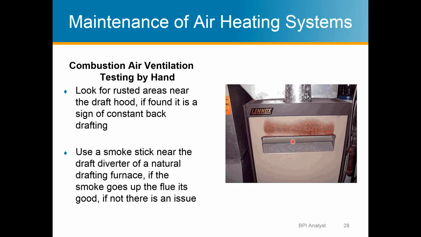The exhaust gases spill out of here and condense on this part of the furnace, and that condensation, that water, is very acidic because of the other products of combustion in it. So it's just a sign that there could be a problem, a visual sign, so check that out. You would check spillage on this device by running a mirror right along this edge here to look for spillage.